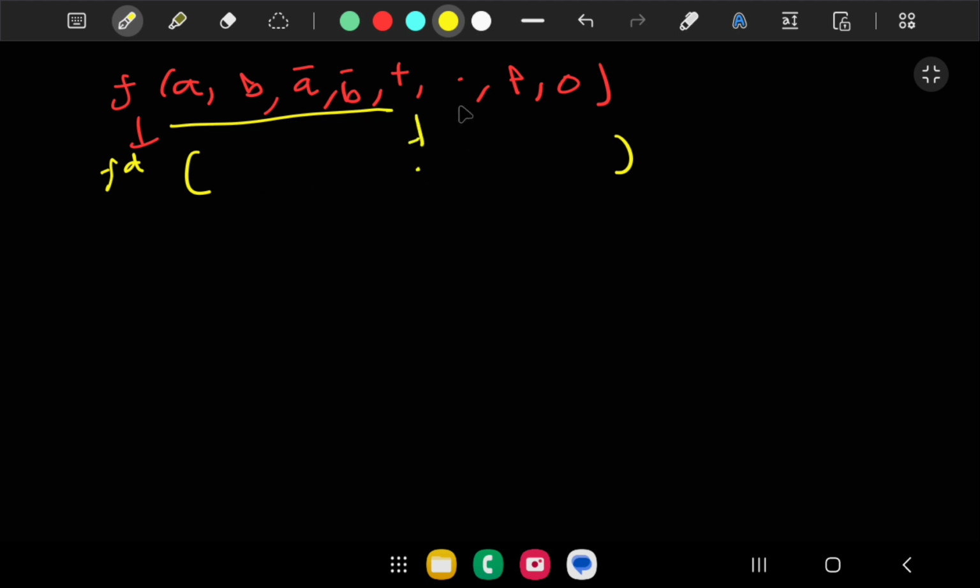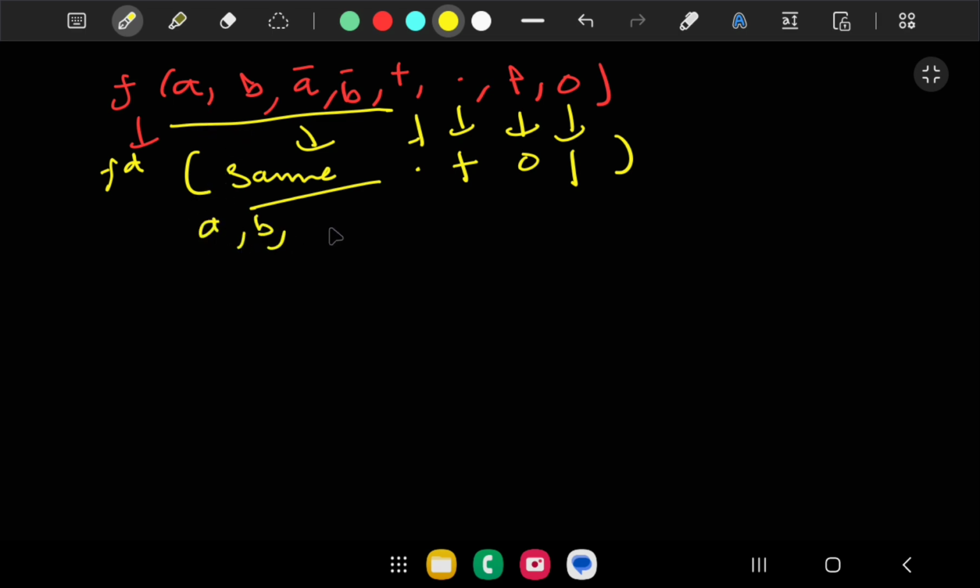And will become or, or will become and, 0 will become 1, and 1 will become 0, and all of this will be same. So this a will be a only, b will be b only, a bar will be a bar only, b bar will be b bar only. Everything will be same like this for the literals. This is the only difference. Very simple. Let's understand with the question.